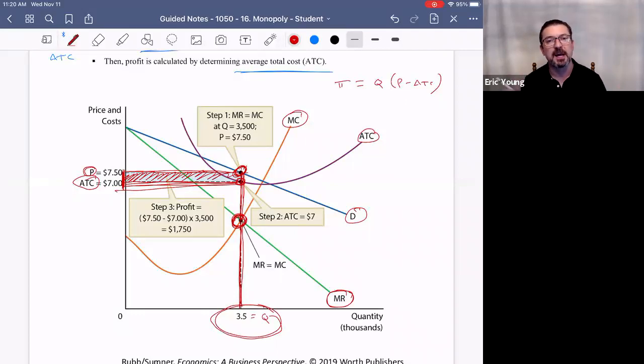Downward sloping demand and MR, hit MR equal to MC and drop a line down for Q. Take that line up to the demand curve and to the left for price. Take that line to the ATC curve and left for ATC. And now you're set. Good stuff. Okay. So this graph here would be, just so we can label it, a monopolist making profit.